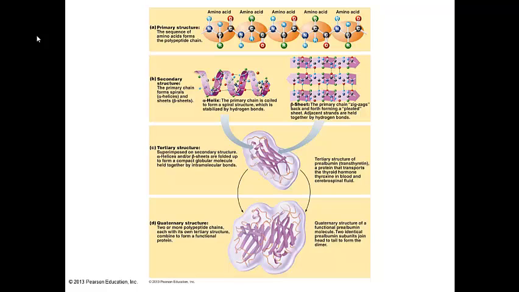What's the fancy science name for unfold? Begins with a D. Denature. Okay? So heat can be one thing that can unfold this protein. Denature it. Change it. Try to get it back after you fry an egg.